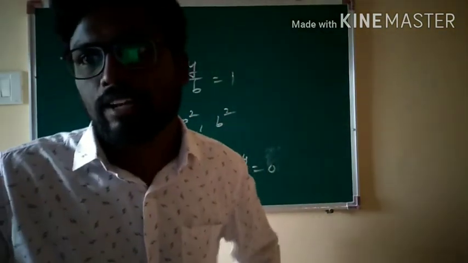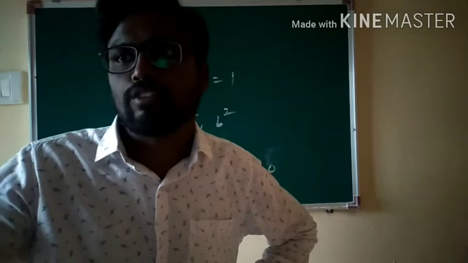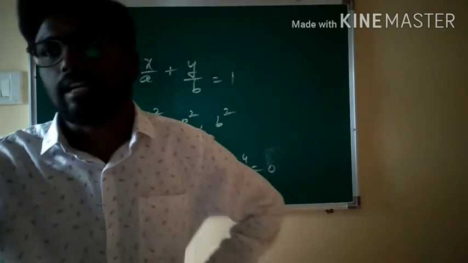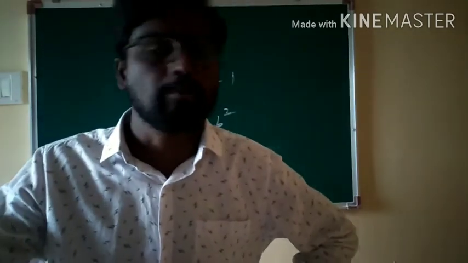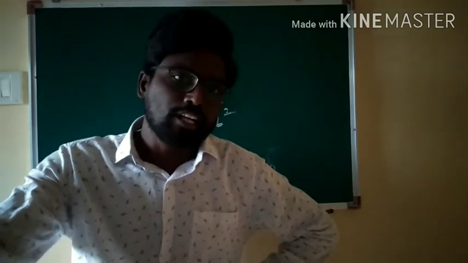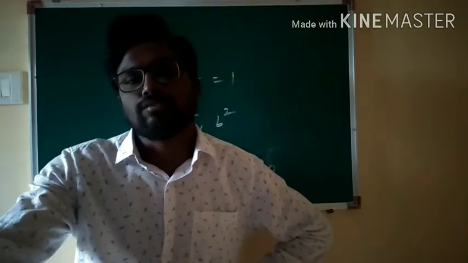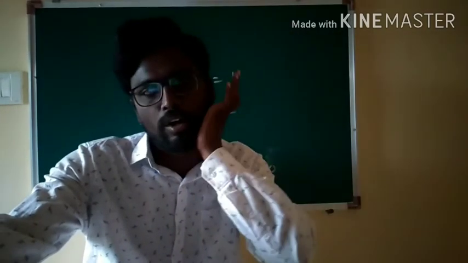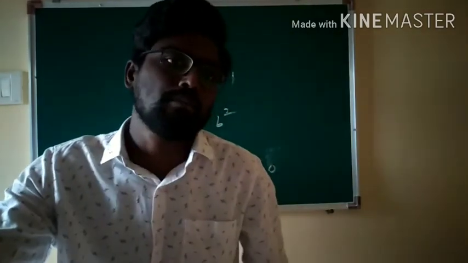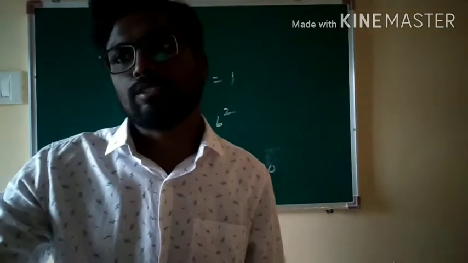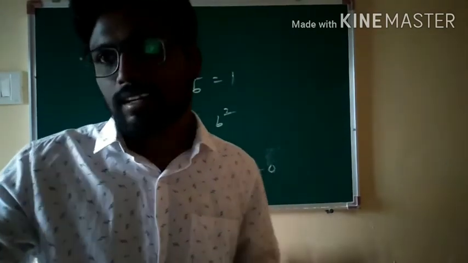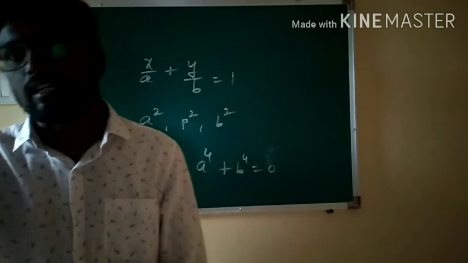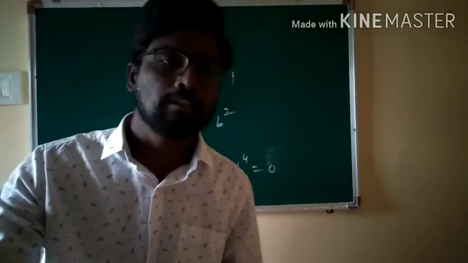What's the question here? If p is the length of perpendicular from origin to the line x by a plus y by b equal to 1. You are already aware that the distance from a point to the line is mod of ax1 plus by1 plus c by root of a square plus b square, and use that concept as well. It is also provided that a square, p square, b square are in AP.